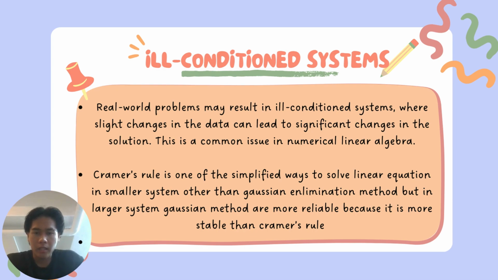But in a larger system, the Gaussian method is more reliable because it is more stable than Cramer's rule. Basically, undeniably, Cramer's rule is easier to use than other methods. But on a larger scale, Cramer's rule is less stable, which can lead to error in data.